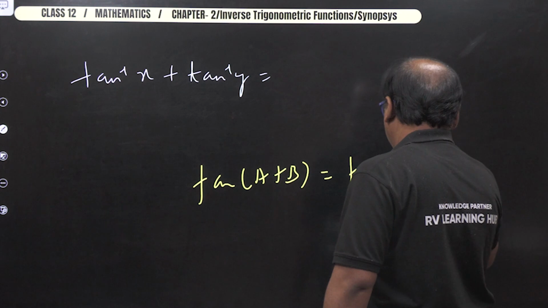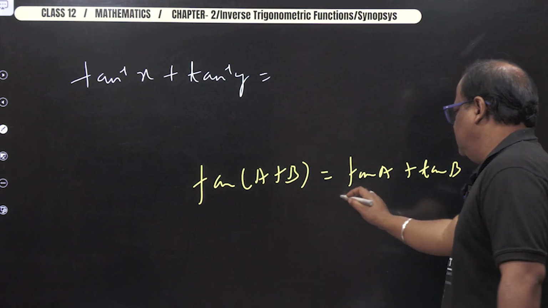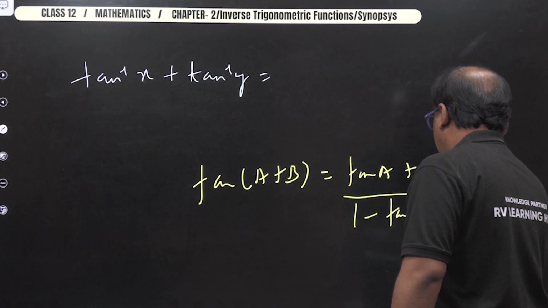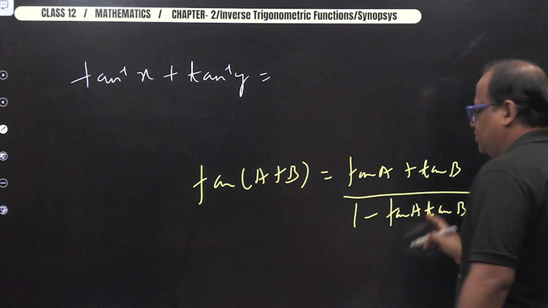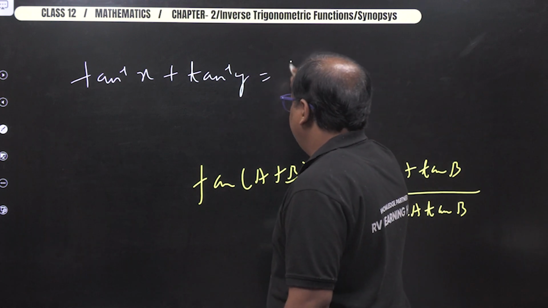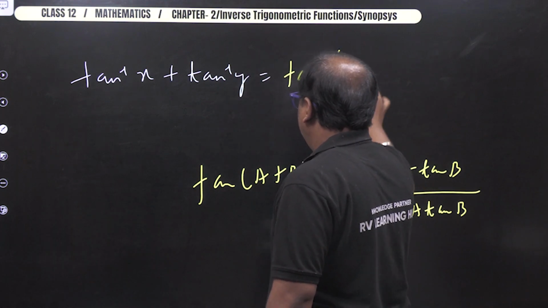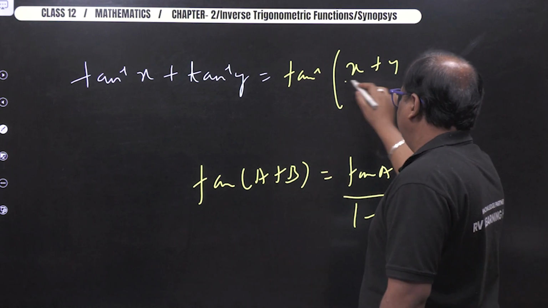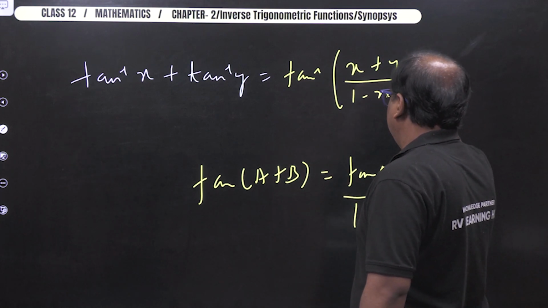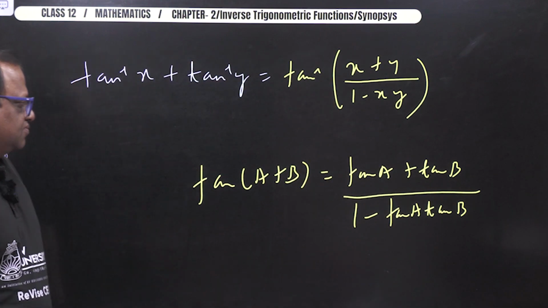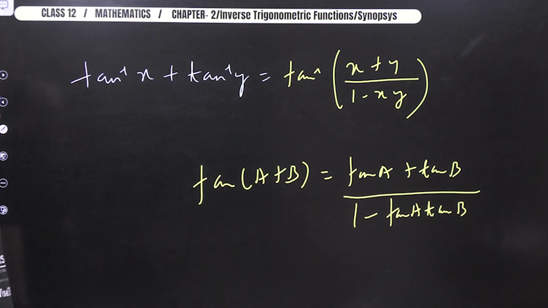Tan a plus tan b divided by 1 minus tan a tan b. First PU trigonometry formula. The same formula applies here also. So here, tan inverse x plus tan inverse y is the same, x plus y divided by 1 minus xy. Okay, make a note of this.